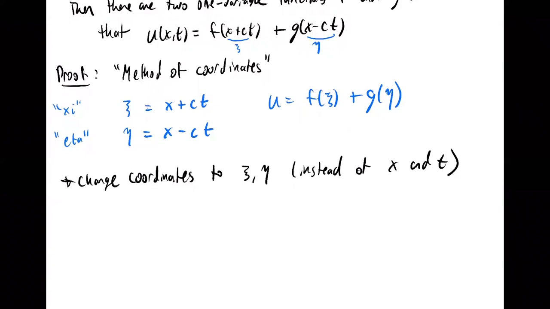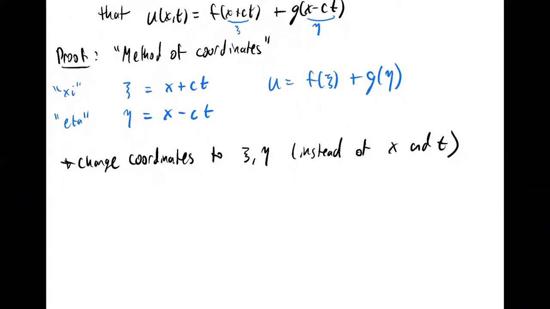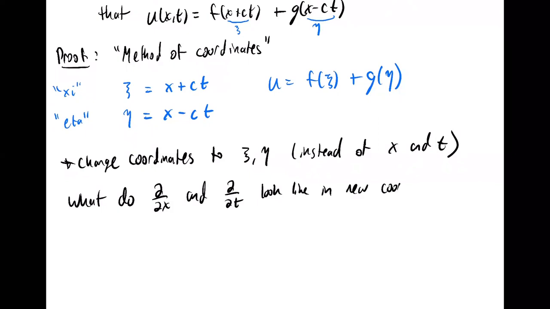The first thing to look at is how the two partial derivative operators change, or what d/dx and d/dt look like in the new coordinates. Well, we can understand this by using the chain rule.